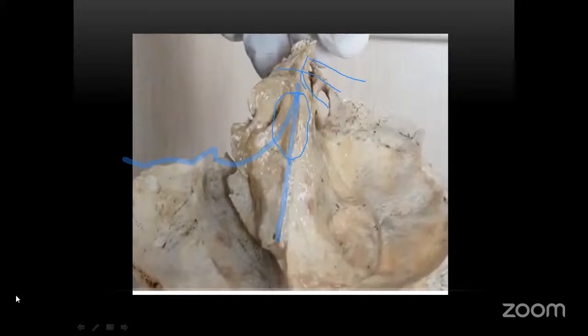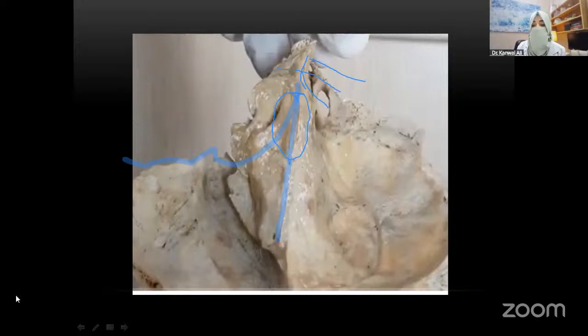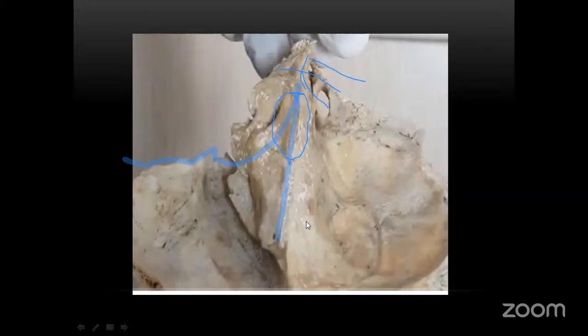Temporal operculum is part of the lobe, Dr. Mustafa. We are talking about the bone here. Opercula are part of the lobes, the frontal operculum and the temporal operculum. You will see them when we are dissecting the brain. Right now we are on the bony anatomy, so we would not expect to see the opercula here. Thank you, ma'am.